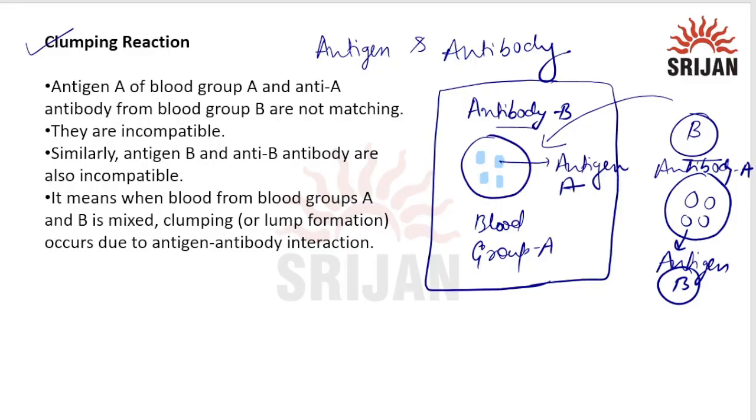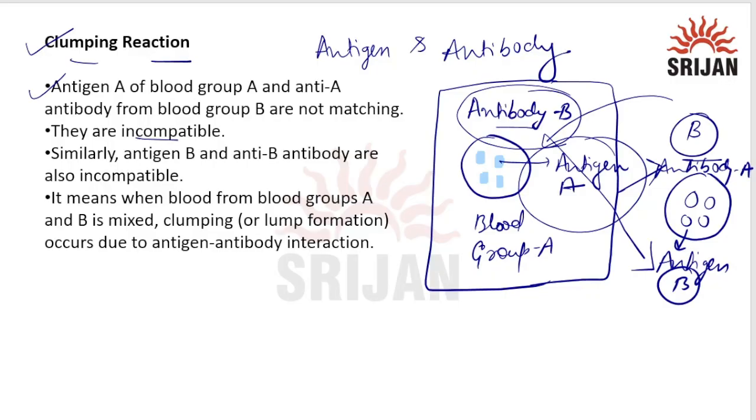So, what will happen? They are incompatible because antigen A will react with this antibody A, and antibody B will react with this antigen B. There will be a clumping, or you can say a lump formation, and destroyed RBC. That is known as clumping reaction. Therefore, here it is written that antigen A of blood group A and anti-A antibody from blood group B are not matching.